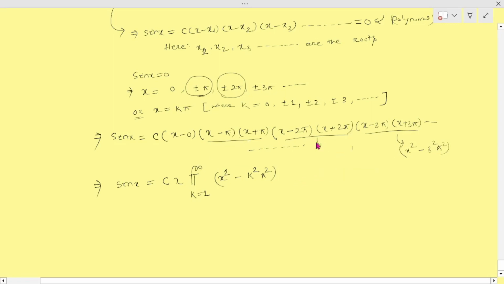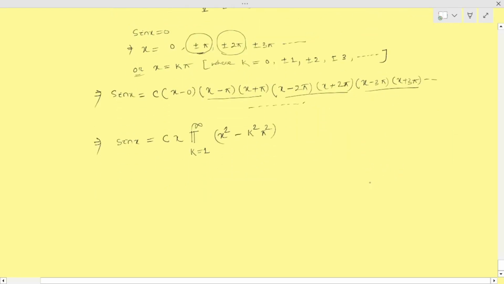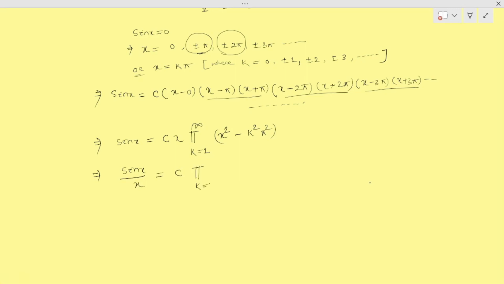Now that implies, taking x to this side, sin x by x will be equal to c times the product from k equal to 1 to infinity of (x square minus k square pi square), right?